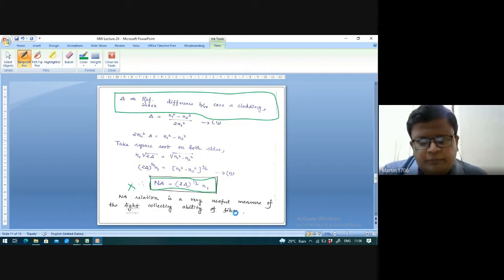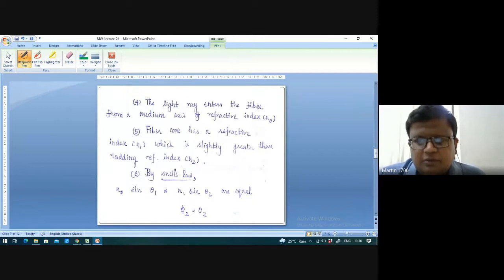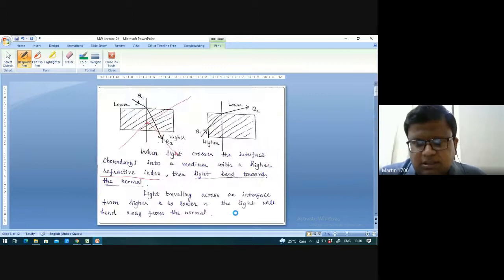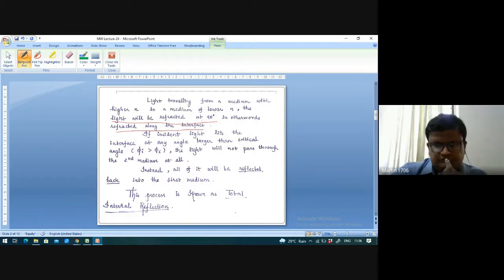I hope this concept is fine for you. Once again, I will shortly go through the entire process. First, we started with one medium for refraction, and reflection occurs in the same medium. Then we came to the condition of 90 degrees. If the light is reflected at 90 degrees, then total internal reflection occurs.